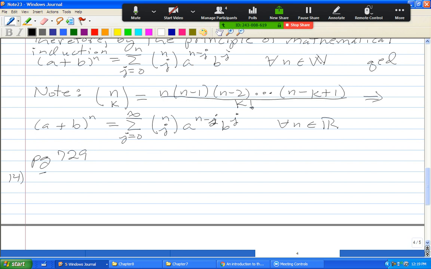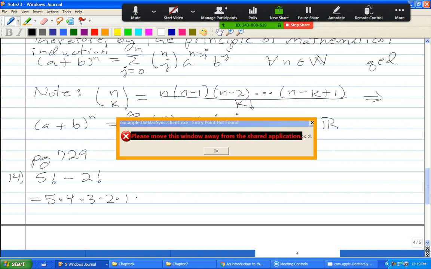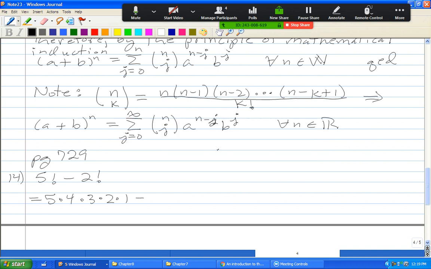That's a weird problem. 5 factorial minus 2 factorial. Well, 5 factorial is 5, 4, 3, 2, 1, which is 120. 2 factorial is 2. So 5 factorial is 120 minus 2 is 118.